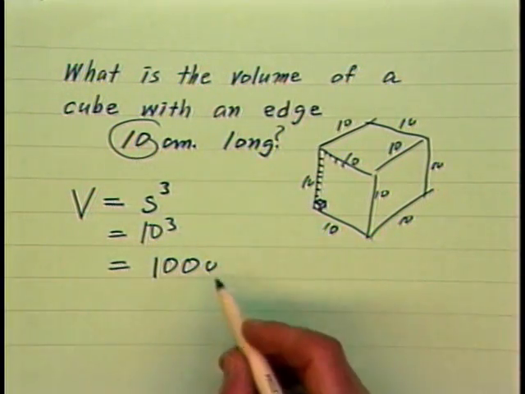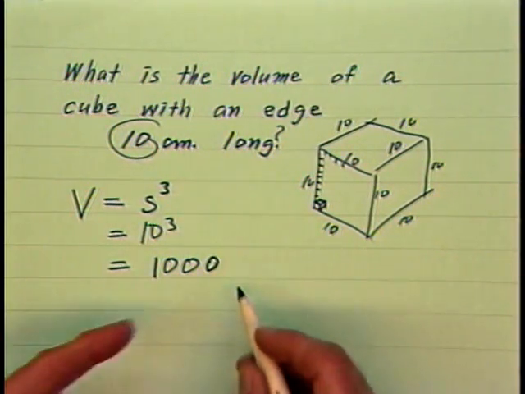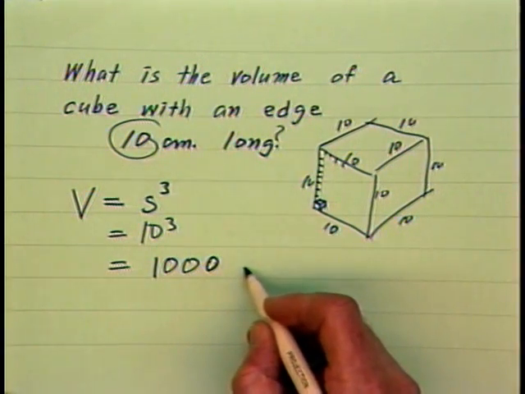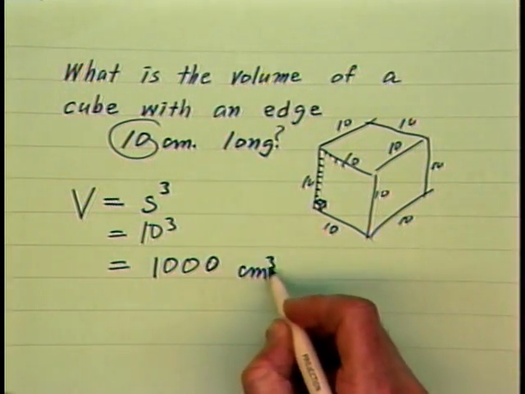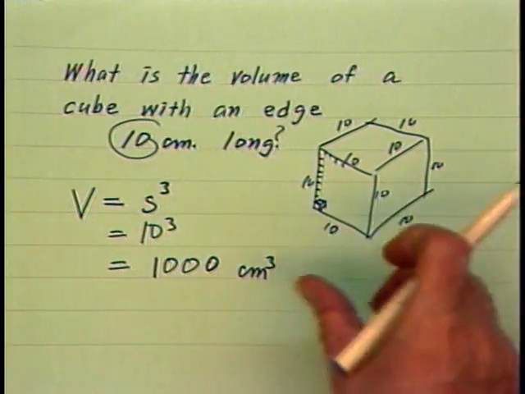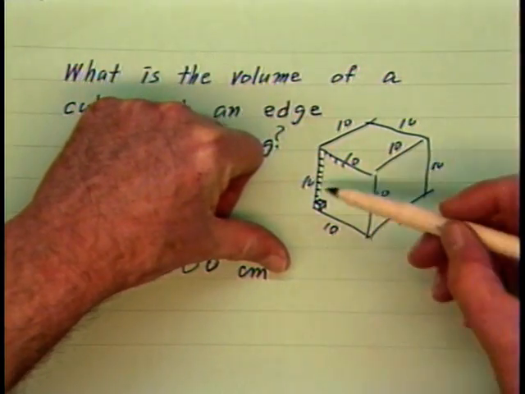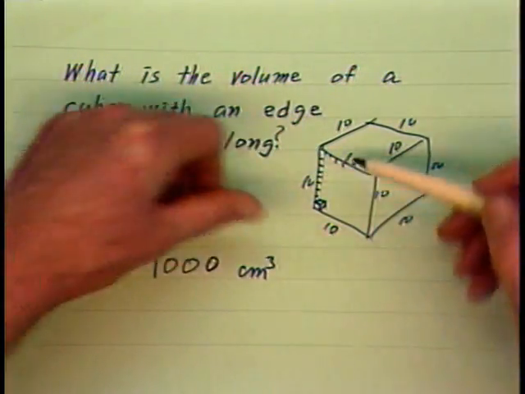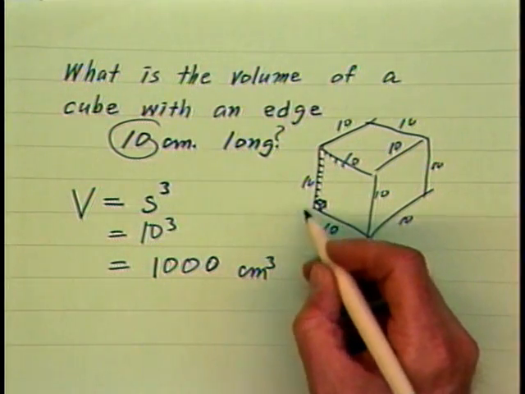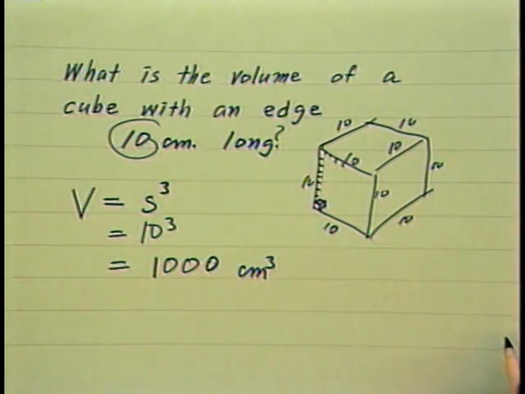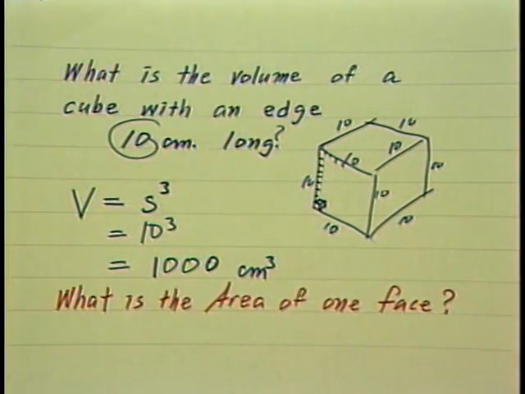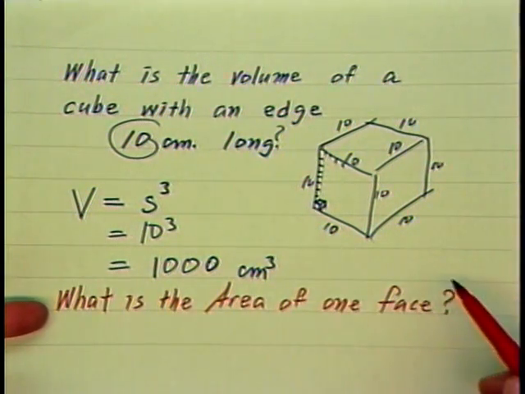See, the powers of 10 have that special shortcut, and of course that's cubic centimeters, which in science we write this way. Whereas if we just said centimeters, we mean the length. If I say cubic centimeters, we mean these little tiny cubes. How many of them do we have? And this says 1,000.